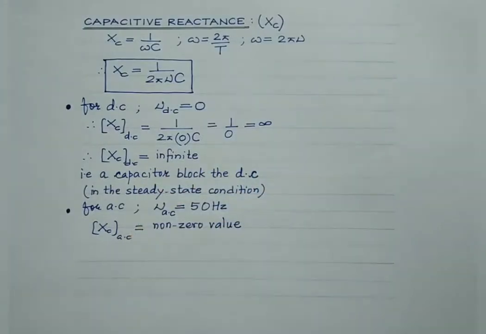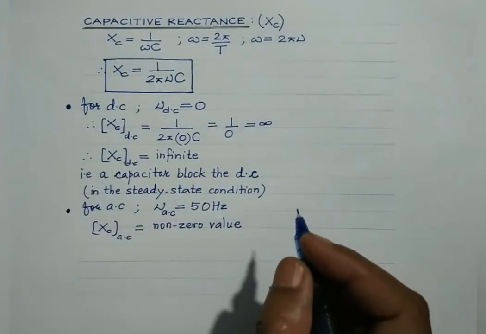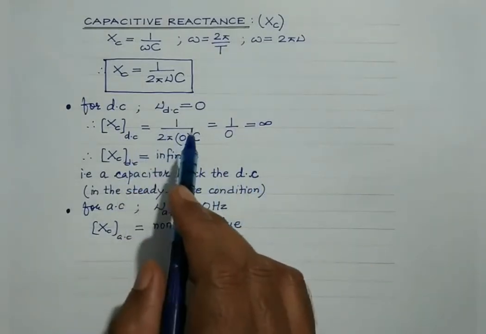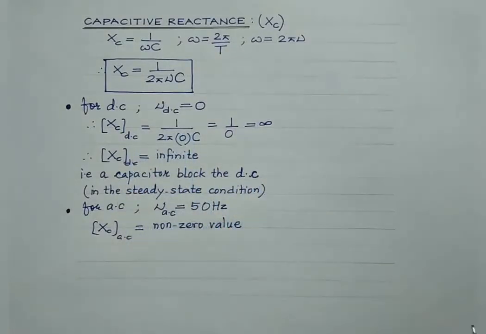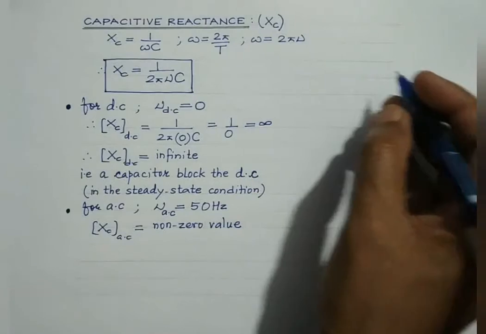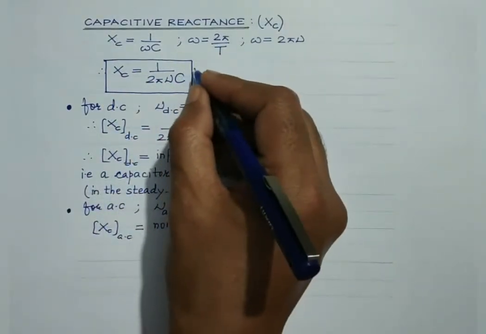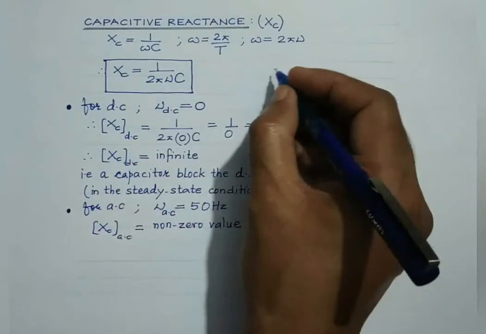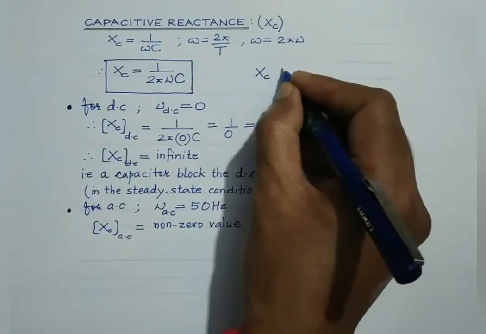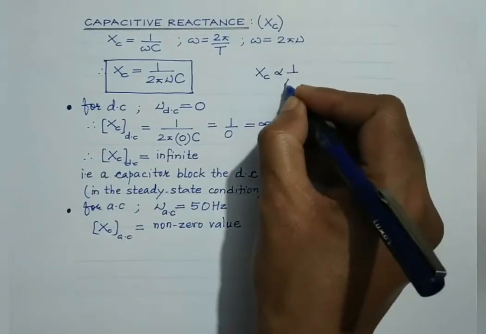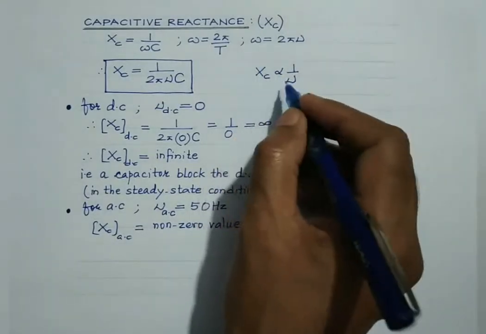Clear? Now let's plot a graph showing the variation of the capacitive reactance of a capacitor with the frequency of the AC source, right? So since Xc is 1 by 2 pi nu C, and the capacitance of a given capacitor is constant, 2 pi is constant, therefore Xc is inversely proportional to frequency. So let's plot a graph between these two.